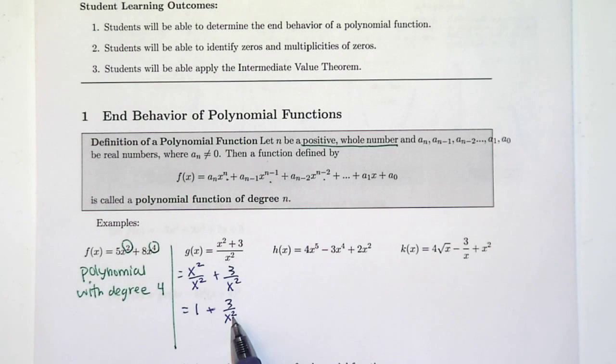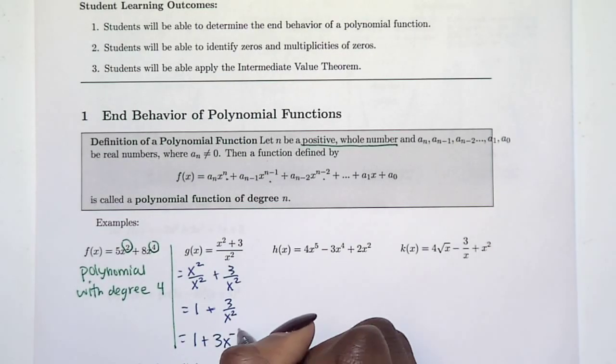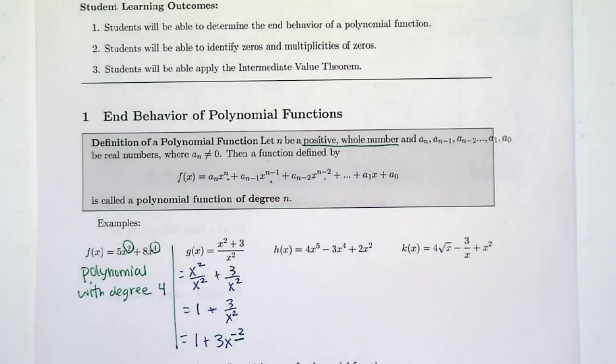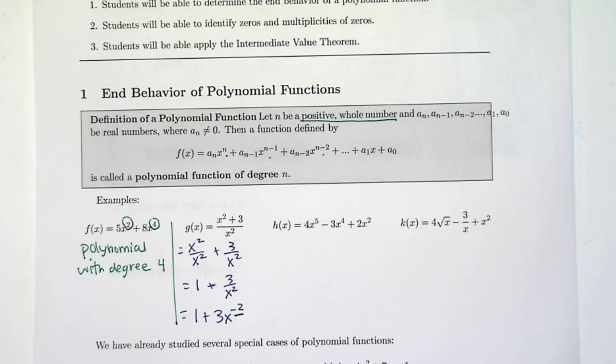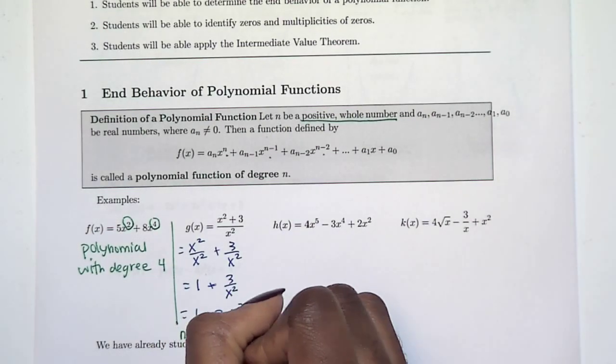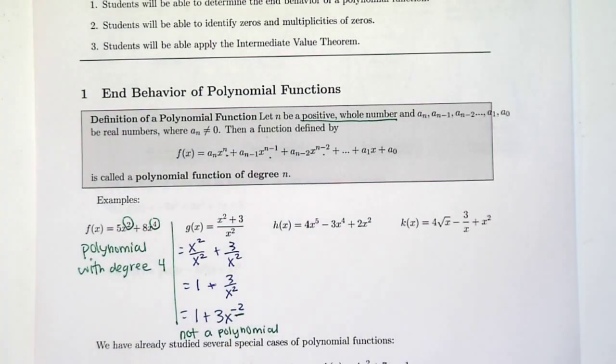Well, do we remember that when we have an exponent on the bottom, we can move it to the top and make it negative? And this number is not positive, right? That's a negative number, so this is not a polynomial, because the exponent we have here is not a positive whole number.